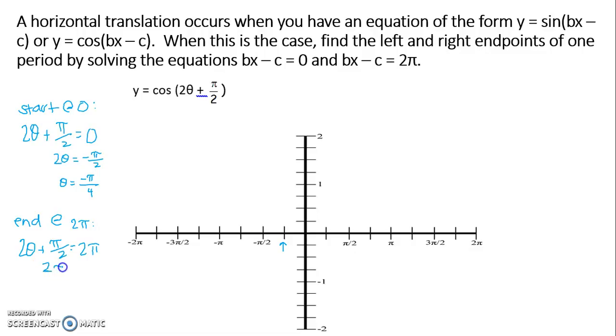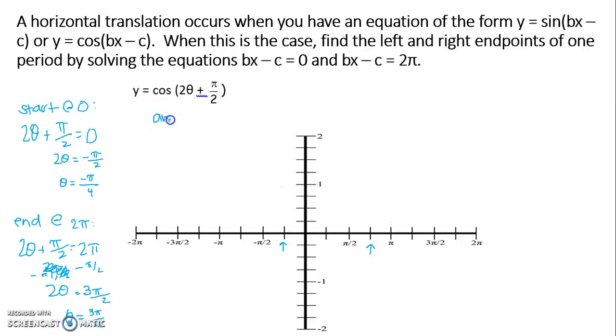Subtracting pi over 2 from 2 pi, 2 pi minus half pi is 1.5, or 3 pi over 2. Then I would divide by 2, so I have 3 pi over 4. So I'm going to fit my entire first period between those two spots.